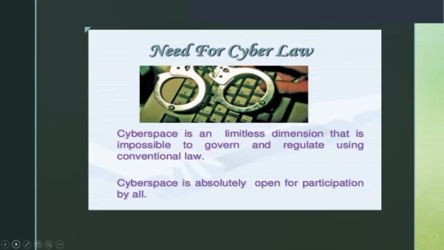Any other point? Look, I am sharing my whiteboard. I am writing something. I will write need of cyber law. What are the different needs?